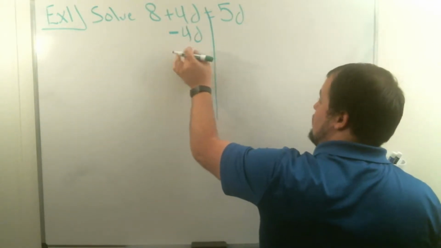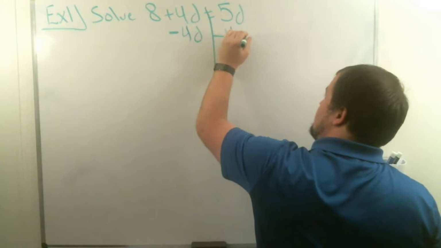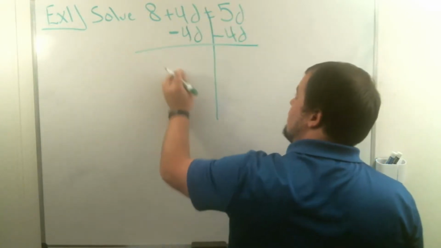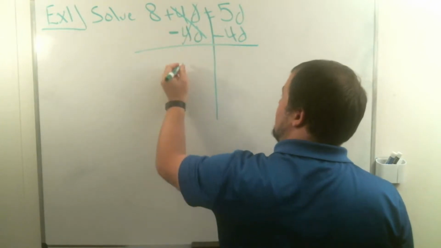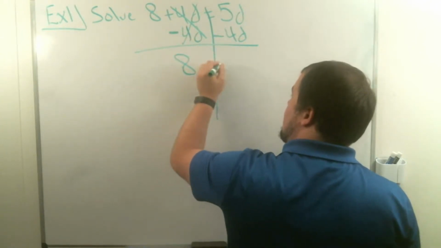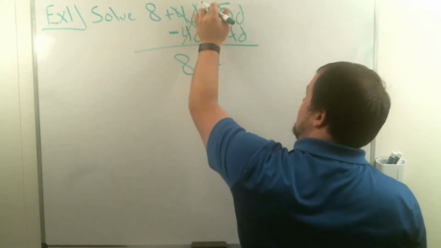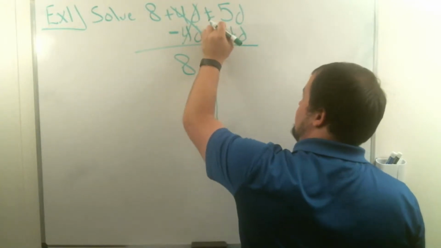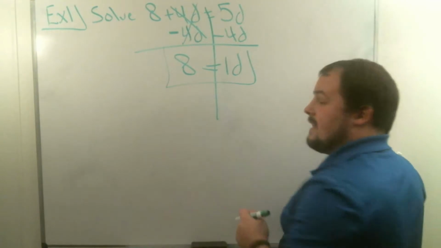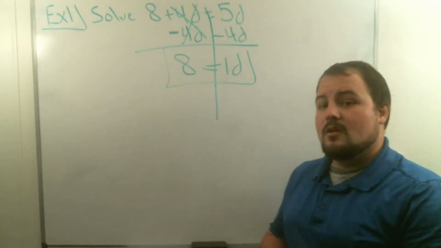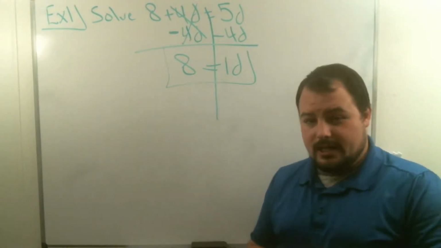If we subtract 4d on one side, we subtract 4d on the other side. 4d minus 4d cancels out. We're left with 8 on the left side equals 5d minus 4d, which is 1d. And that's the answer to our problem here. One d is equal to 8.